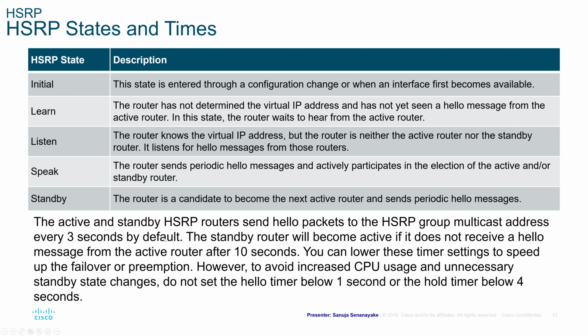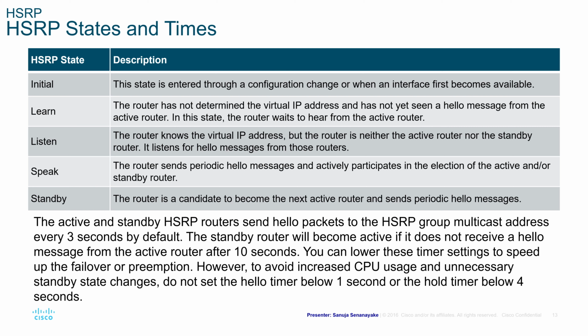The active and standby HSRP routers send hello packets to the HSRP group multicast address every 3 seconds by default. The standby router will become active if it does not receive a hello message from the active router after 10 seconds. You can lower these timer settings to speed up the failover or preemption process.